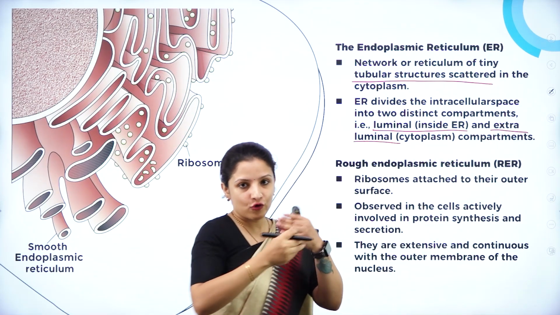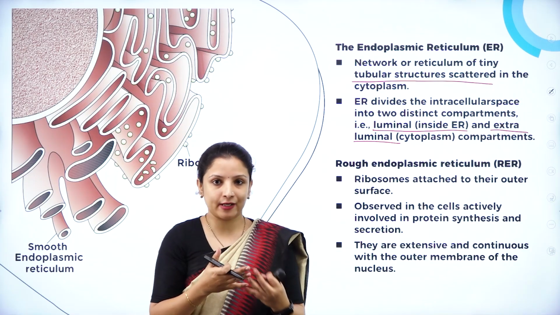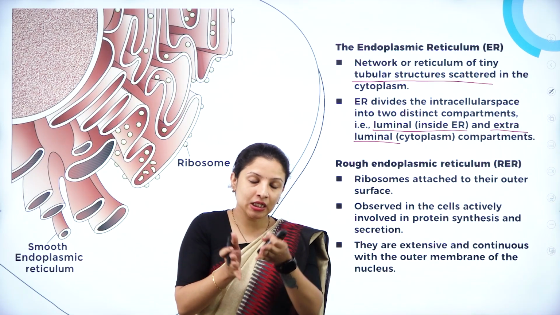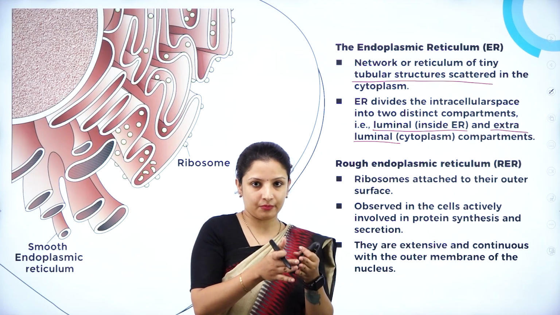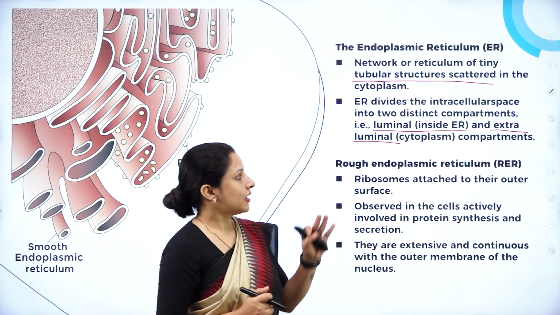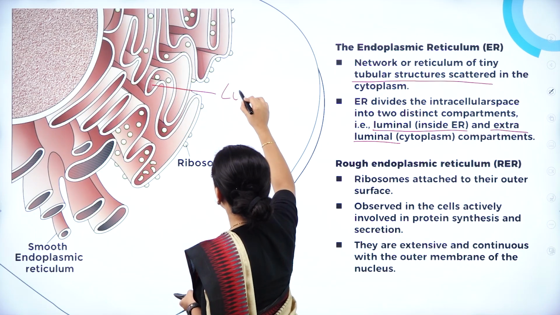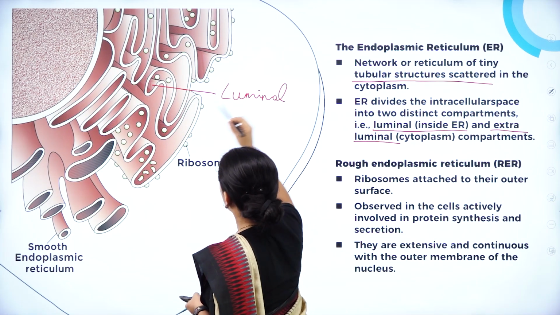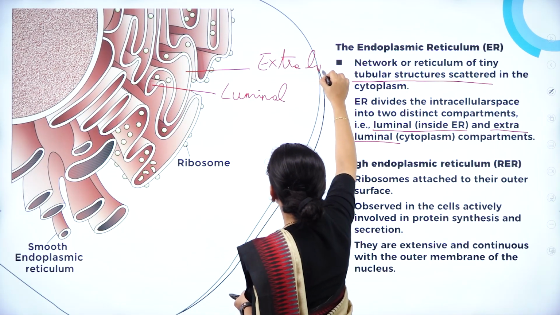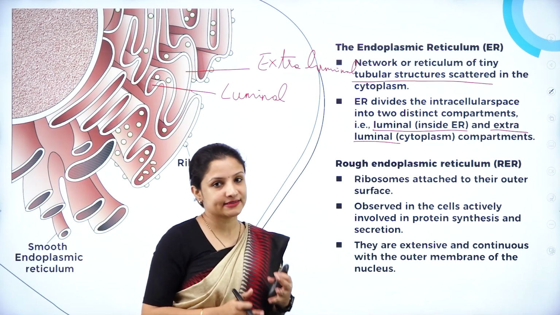It is because of the foldings that occur, or the network that is created due to the foldings in the endoplasmic reticulum, it looks like a compartment, wherein the region towards the inside of the compartment we call luminal, and towards the outside we call extraluminal. So these are the two compartments, and they are formed because of the foldings that are created in the endoplasmic reticulum.